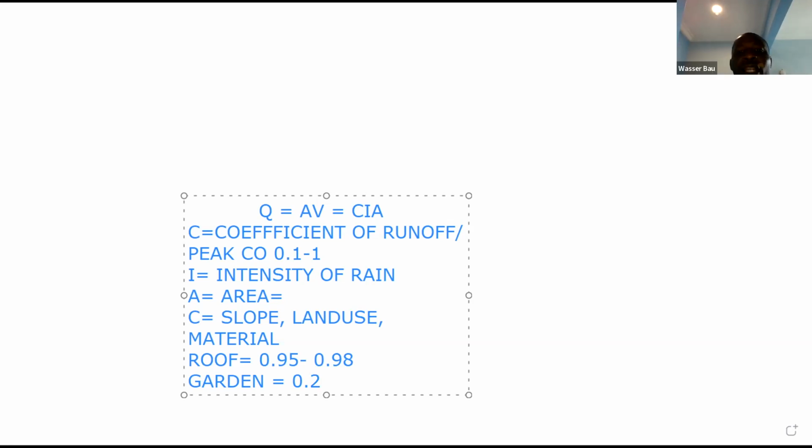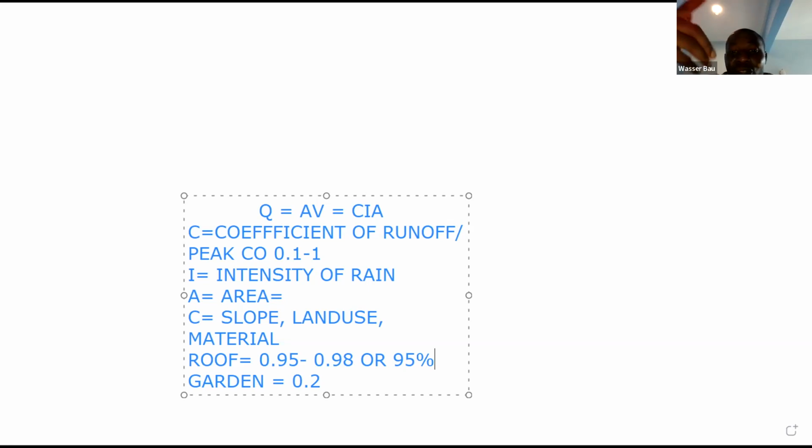What it means is that only 20% of every water that falls on the garden will flow overland, while the roof is 95%. So 95% of every rain that falls on the roof of your house is entering your drain. They are going into your drain, right?